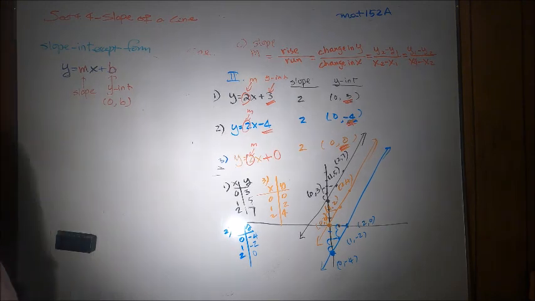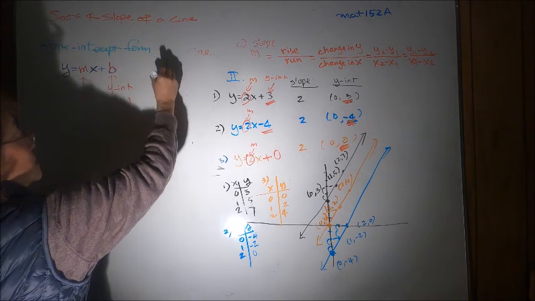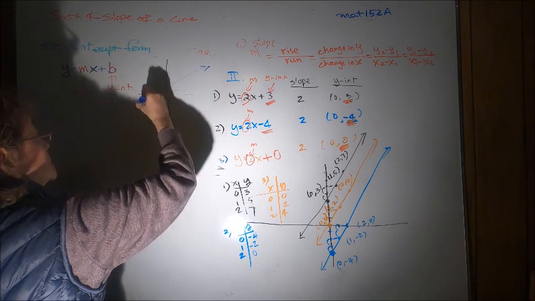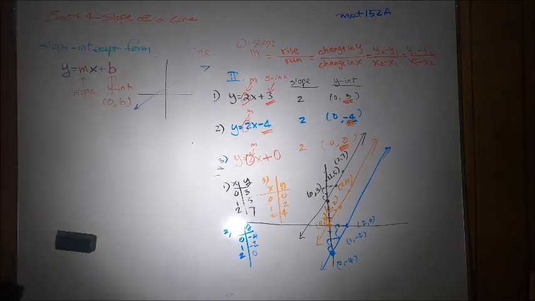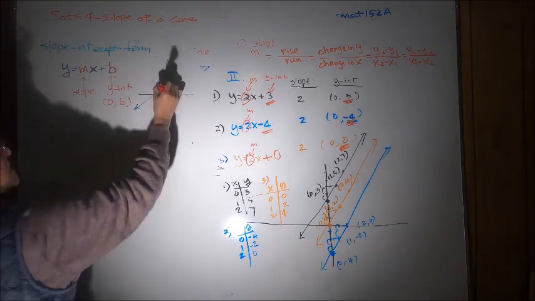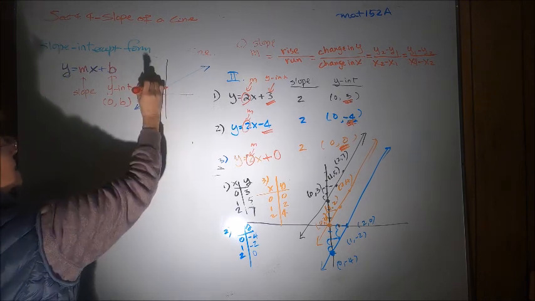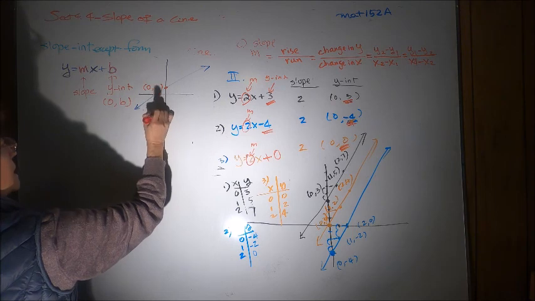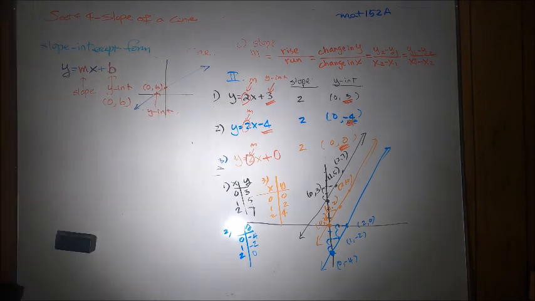So it looks this way. That's your x, y-axis. Then if you have a line crossing over both the x and y axis, the intercept position on the y-axis is your y-intercept, right?